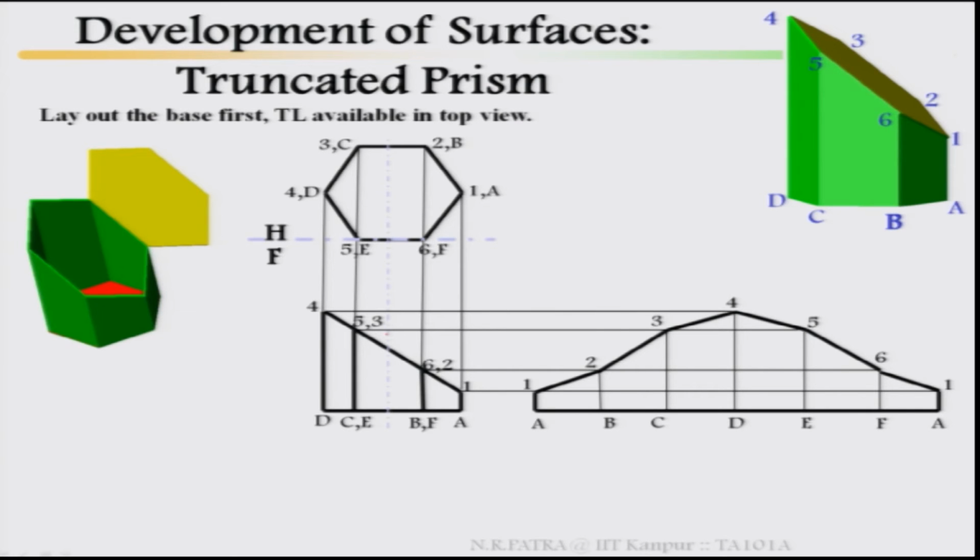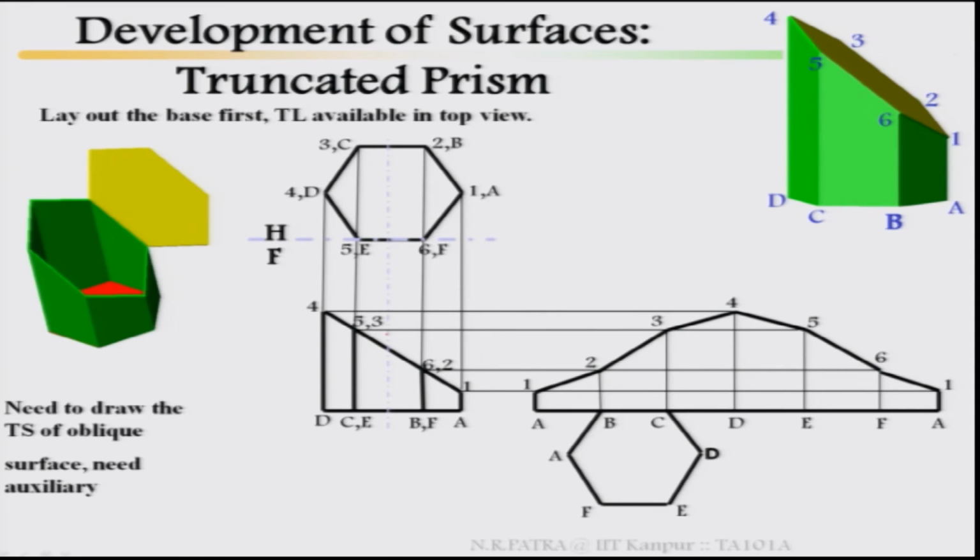So, this is your development A, B, C, D. You need to draw the true surface of the oblique surface. This is your oblique surface, you have to draw the true shape of the oblique surface and you need an auxiliary plane.